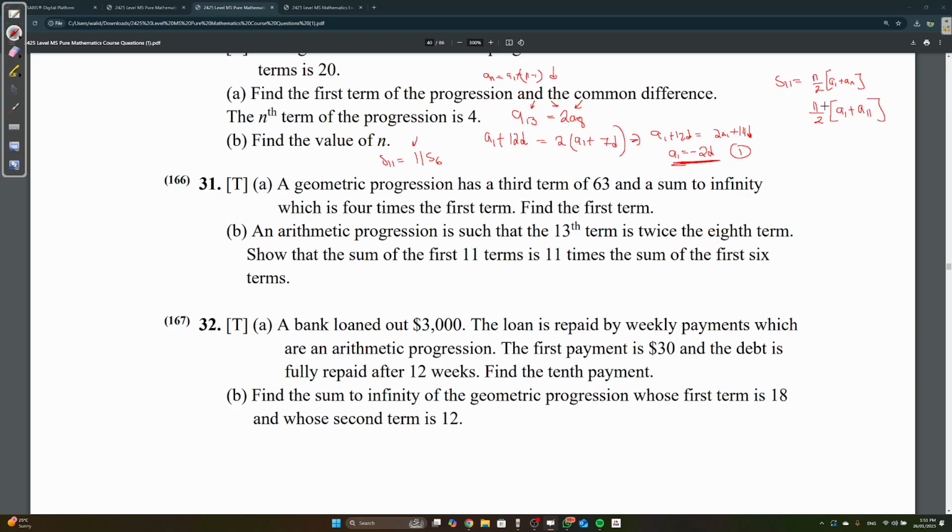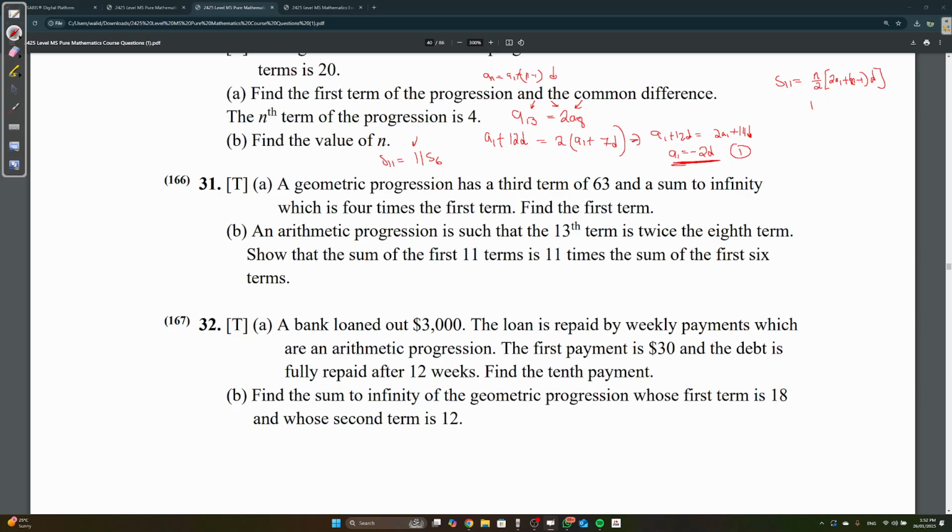Let's use 2a1 plus (n minus 1)d, because you don't have a11 or a6. It's better to use n over 2 times (2a1 plus (n minus 1)d). When do we use this? When we don't have the nth term. Also, if you use the first one, you're going to have to substitute a11 with a1 plus (n minus 1)d.